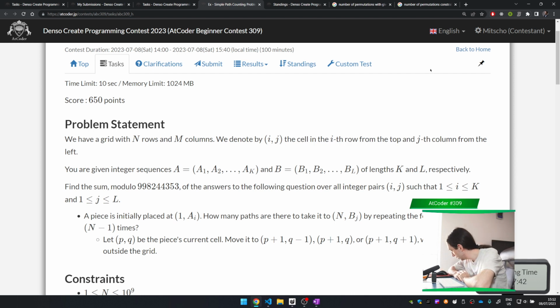Well, that kind of changes the problem. There are m columns only. You can't just walk outside of the m columns. Okay, that changes the problem a lot.